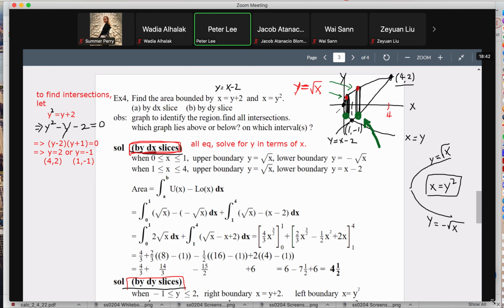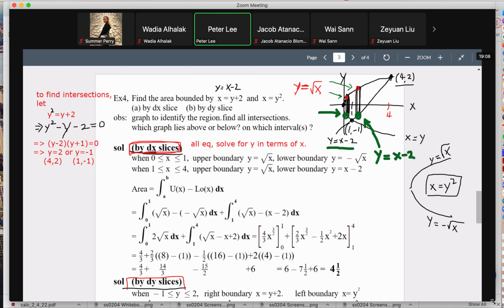They're not part of the same curve, not part of one equation. This point right here is on the line y equals x minus 2. We have to solve for y in terms of x, so in this case, y is equal to x minus 2.